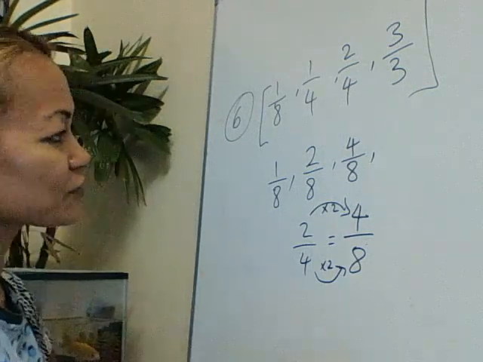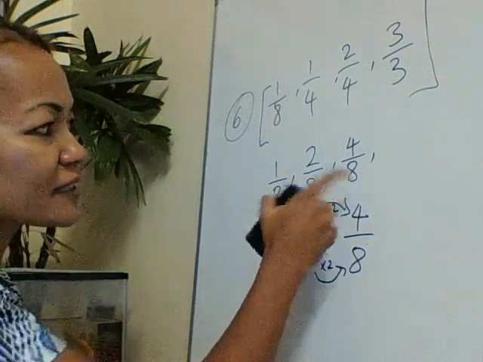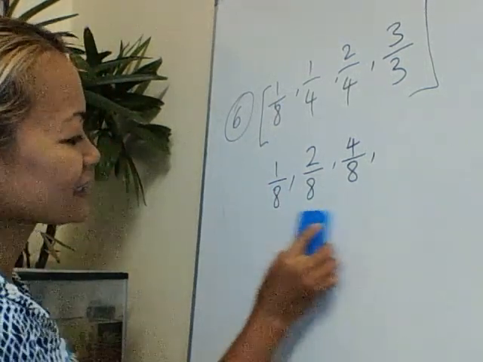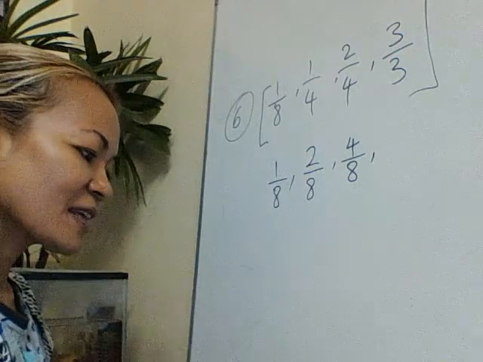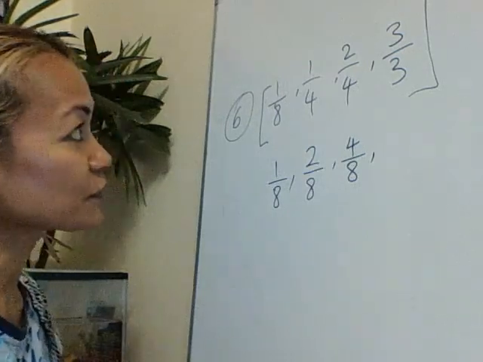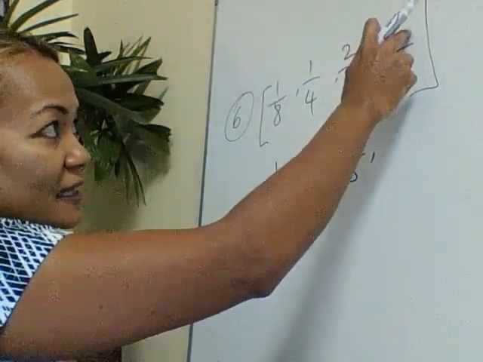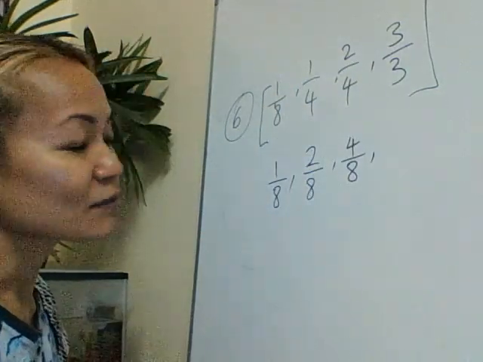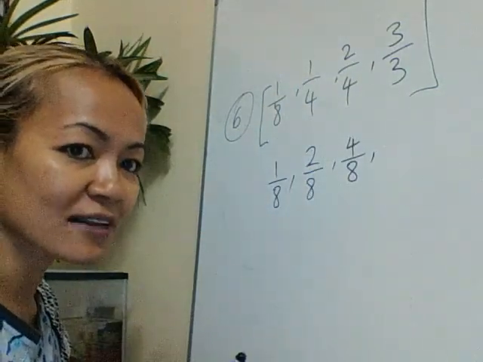Do we really have to go to the trouble of converting it to a number over 8? Well, you can if you want to. Any number over itself is equal to 1, right? So any number over itself is equal to 1.